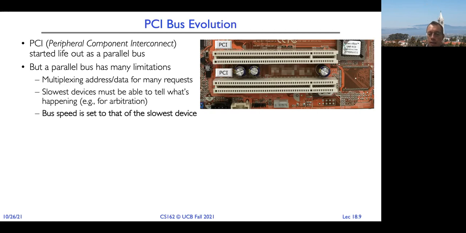The standard bus today is PCI, called Peripheral Component Interconnect. It started as a parallel bus, meaning that one device at a time is able to send data, and it can send data in parallel. The width of the bus represents how many bits you can send in parallel.